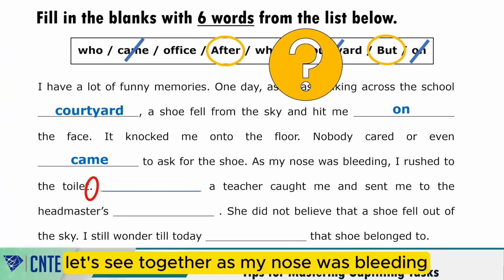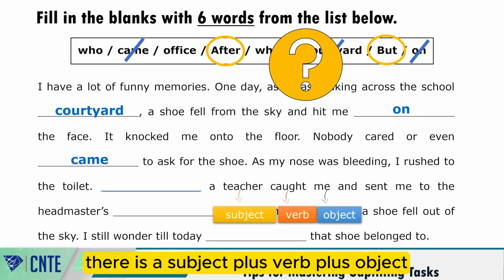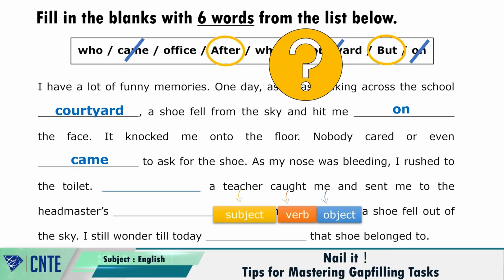Let's see together. As my nose was bleeding, I rushed to the toilet, blank. A teacher caught me. In the second sentence, there is a subject plus verb plus object. We don't need a noun or a verb then, as the sentence is complete.